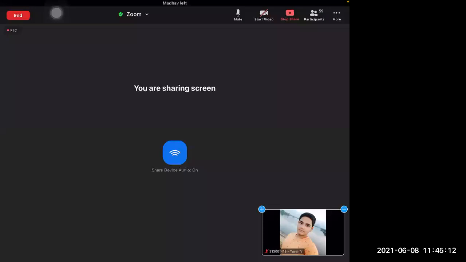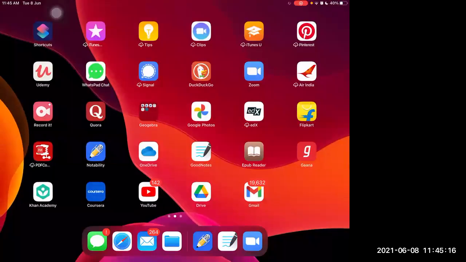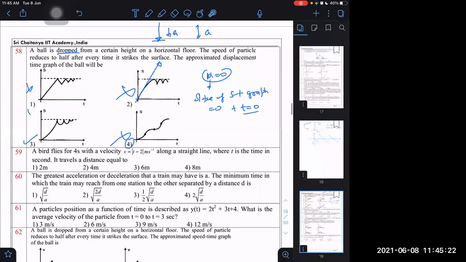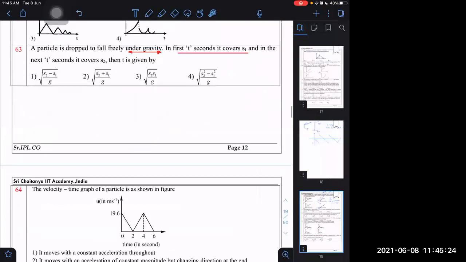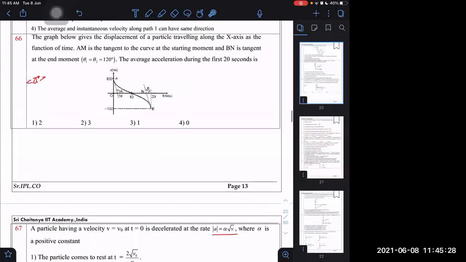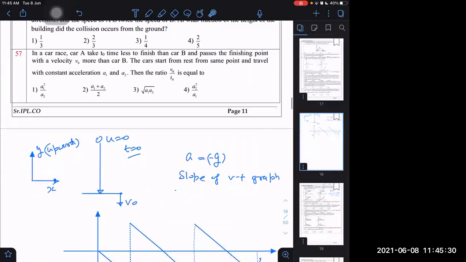Sir, you are drawing from possible graphs, no, sir. Those ones which I am drawing. Okay, I will explain. Wait a second. Just wait. This one I'm plotting.